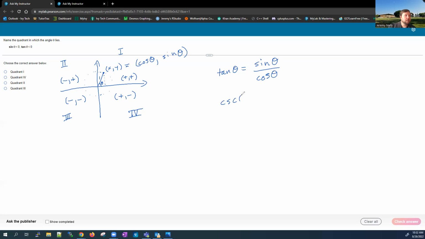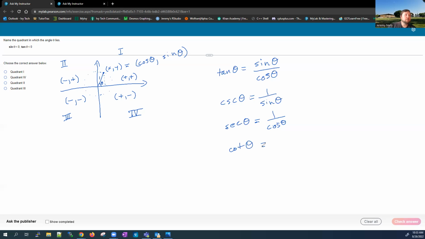Cosecant theta is 1 over sine theta. Secant theta is 1 over cosine theta. And then cotangent theta.